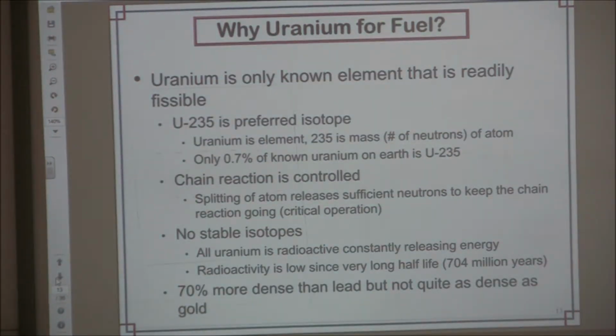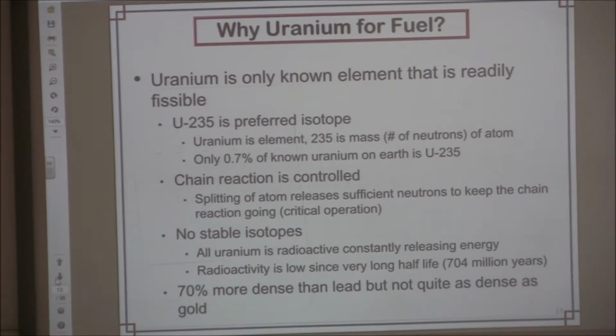So U-235 is the only readily fissile material. You need the precise amount of uranium-235, otherwise it will not be fissile. It'll be either too many or too little, and you will not be able to maintain a chain reaction. Why do we enrich uranium?